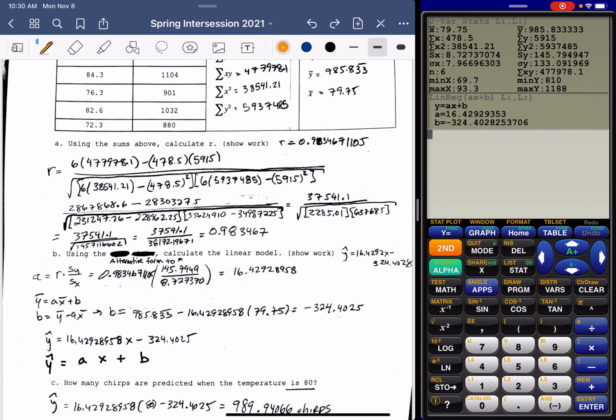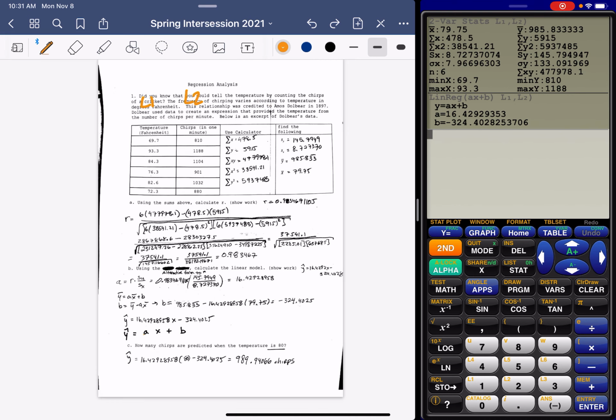You see that? A is equal to, B is equal to. And then this is A and this is B, which the numbers are right. But you can see that it didn't type out the form, right? You have to put it into the proper form, the equation, to get the full credit.